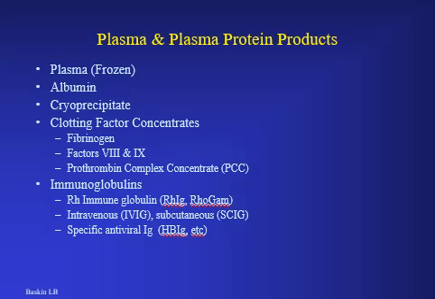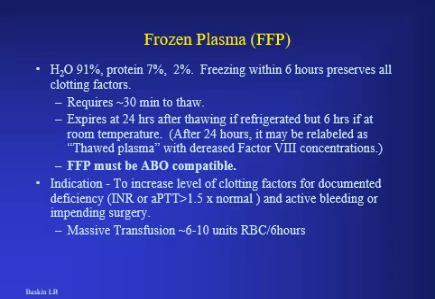Now, I mentioned that the plasma needs to be frozen within 6 hours of collection in order to preserve the clotting factors, and it takes something close to 30 minutes to thaw it, so you've got to give yourself some time.